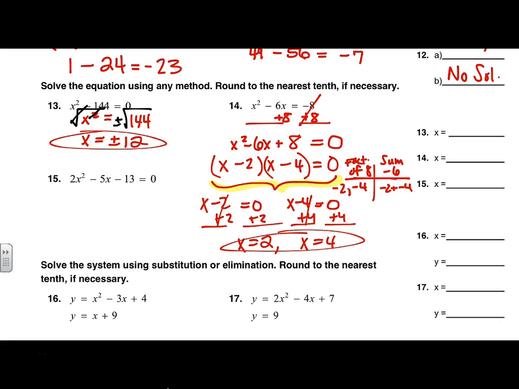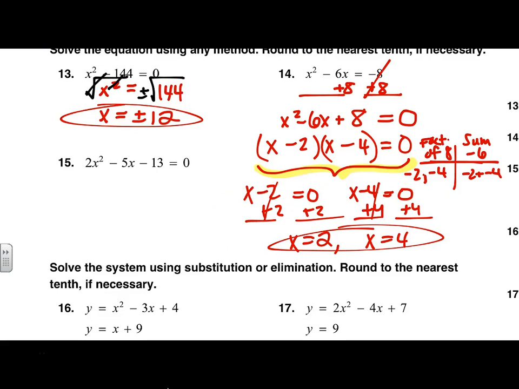So for number 15, we're going to go ahead and use x equals negative b plus or minus the square root of b squared minus 4ac over 2a.